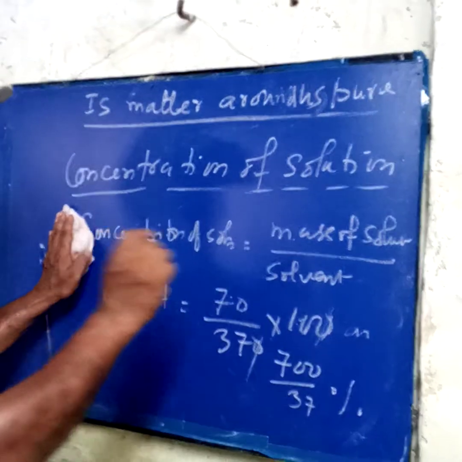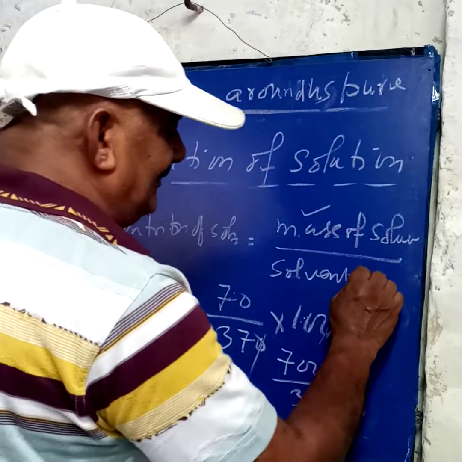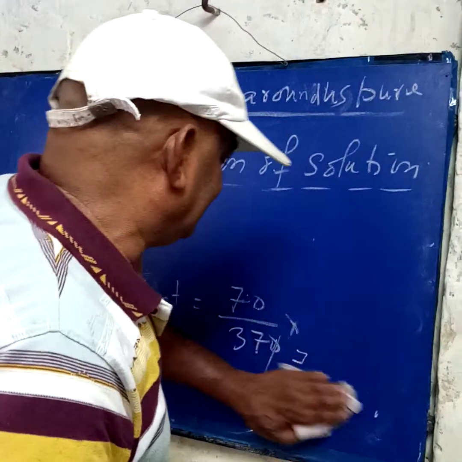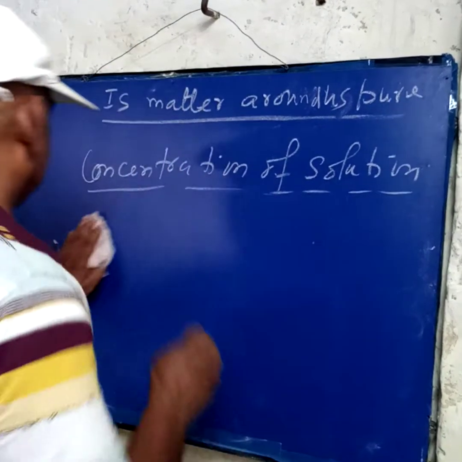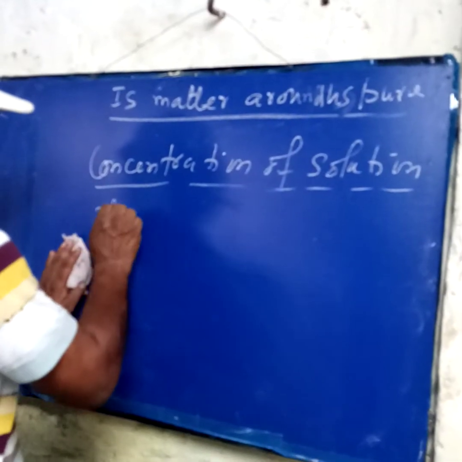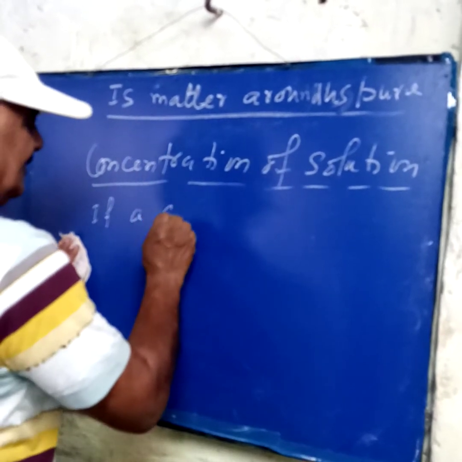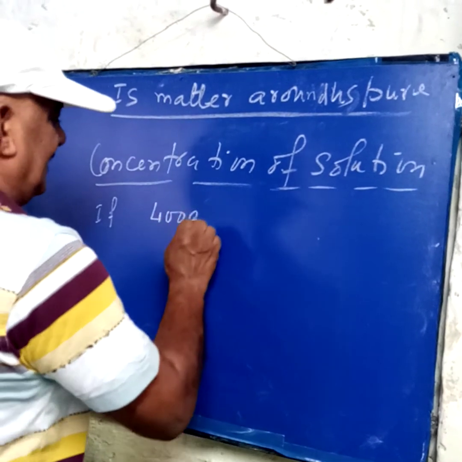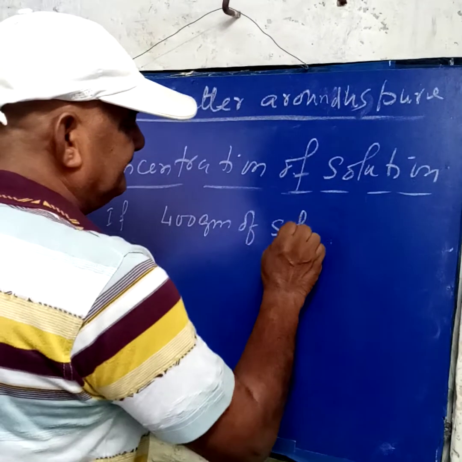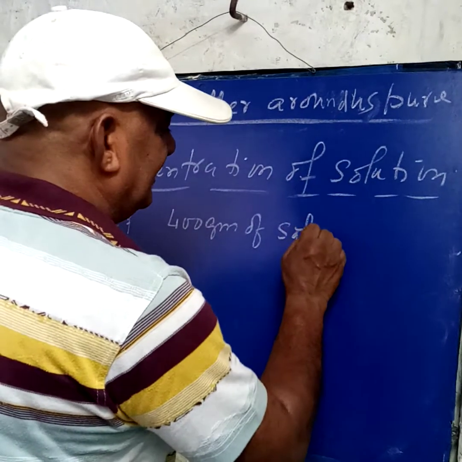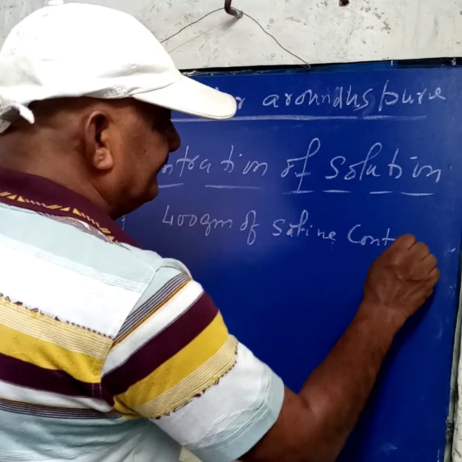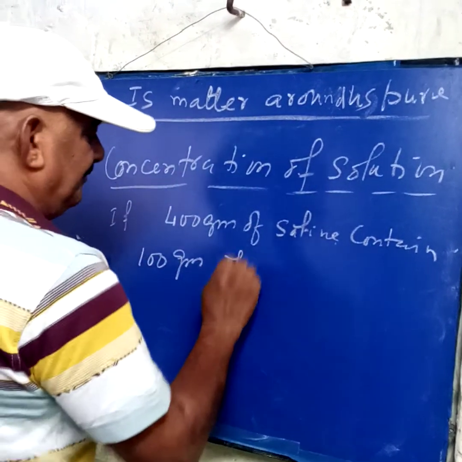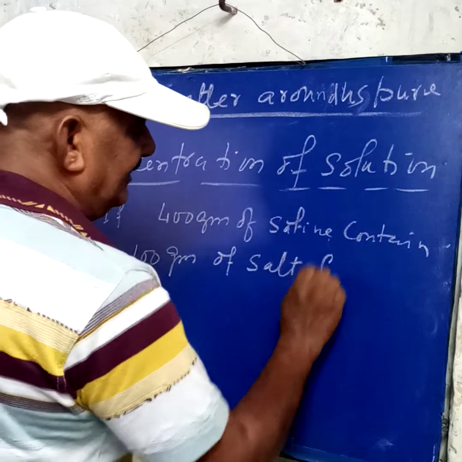Now you understand. First we know mass of the solute by the mass of the solution into 100. Then suppose another problem is given: if 400 gram of saline solution contains 100 gram of salt, find the concentration of solution.